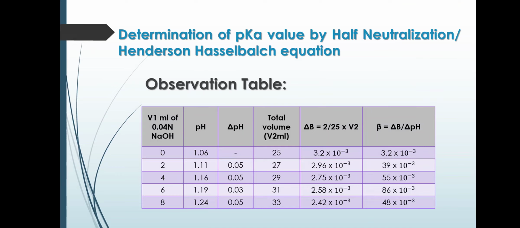Then you have to calculate delta pH, then the total volume, that is V2 ml of the solution. Then calculate delta B, which equals 2 divided by 25 multiplied by V2, and at last beta equals delta B divided by delta pH, which is called the buffer capacity of the solution.